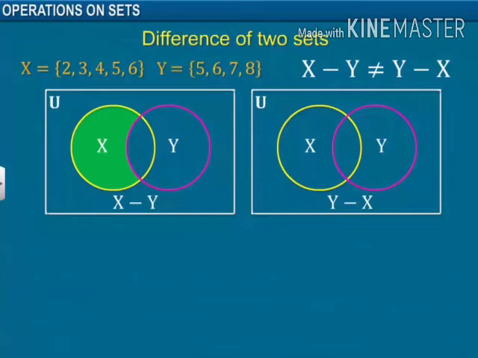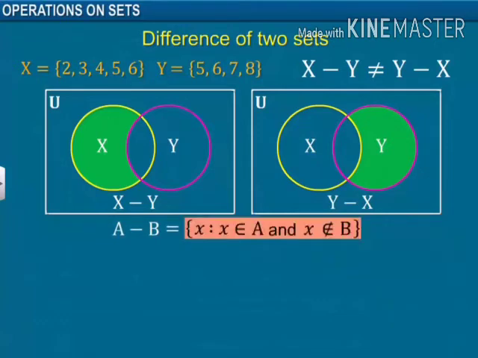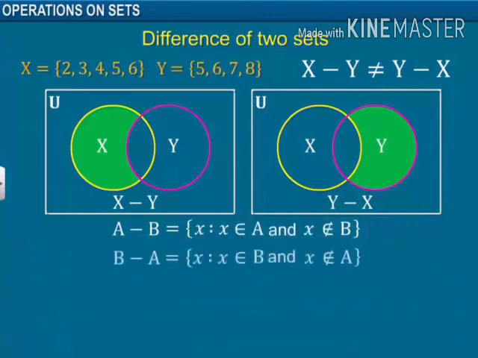Only the region of set Y, which is not shared by set X, is shaded. The difference of any two sets, A and B, taken in order, is represented symbolically as shown. Similarly, B minus A is written symbolically as shown.